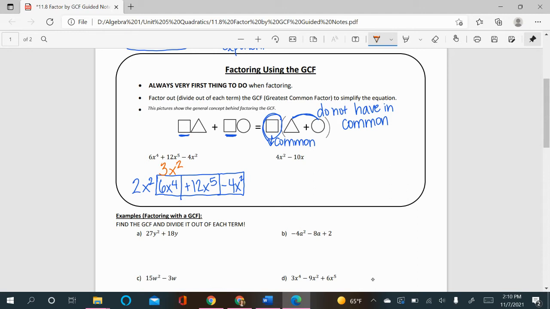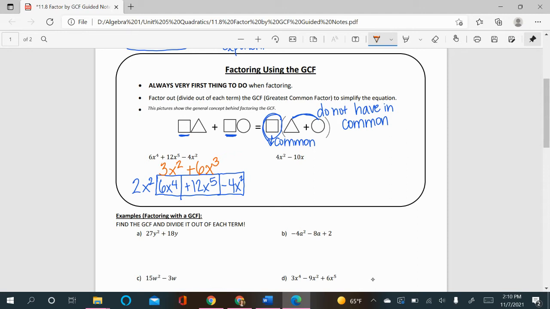Okay, and we'll continue to the next part. So 2 times what will give me 12. And then x squared times x to what power would give me an x to the fifth? Well, remember when we're multiplying, we add the exponents. So 2 plus 3 would give me the fifth power. And now negative 4, what is what I'm trying to get.